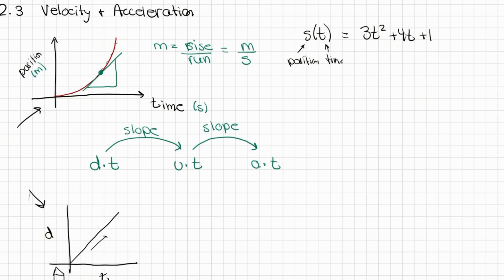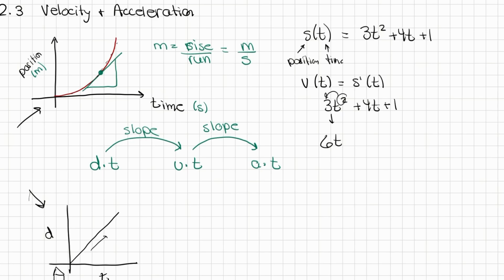So for this particular function, my velocity time will be equal to the derivative of my position time. And I can find that using my power rule and my sum and difference rule and my constant rule. So my derivative of 3t squared plus 4t plus 1: 3t squared is the power rule. I'm going to take the power and bring it down. 3 times 2 is 6.